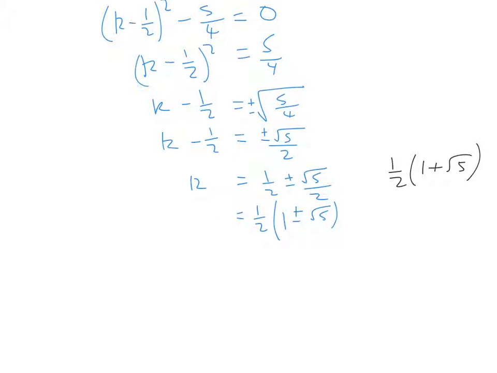And we know that it's not the negative because 1 minus root 5 will give us a negative answer, and if k was negative it would mean that our PDF would go below 0, which would not make it a valid PDF. So k must equal a half of 1 plus root 5.